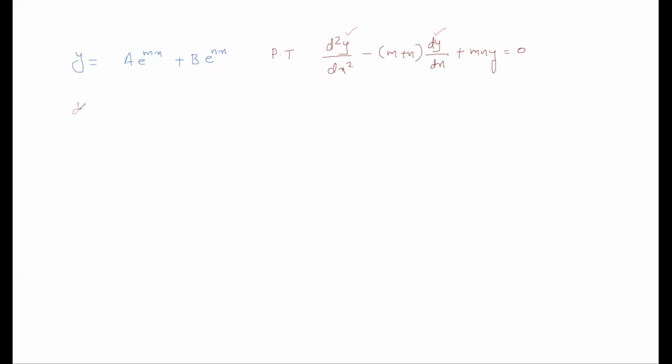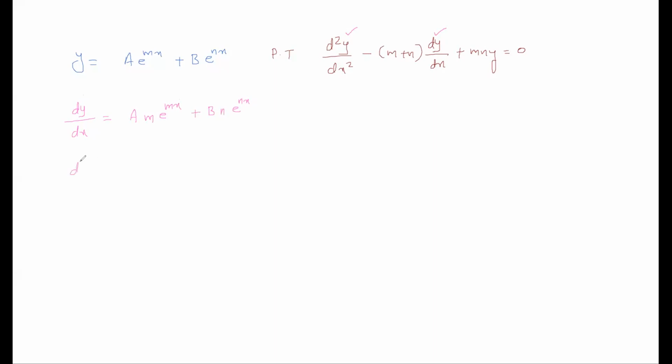So first dy by dx. It's the sum of two functions, so the derivative is the sum of the derivatives. So a into e to the power mx, its derivative is e to the power mx into m. So am e to the power mx plus b into e to the power nx, derivative is e to the power nx into derivative of nx, which is n.